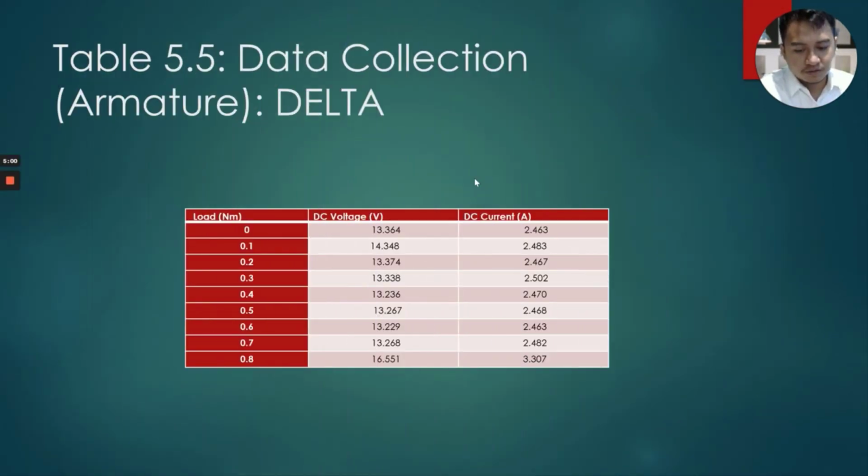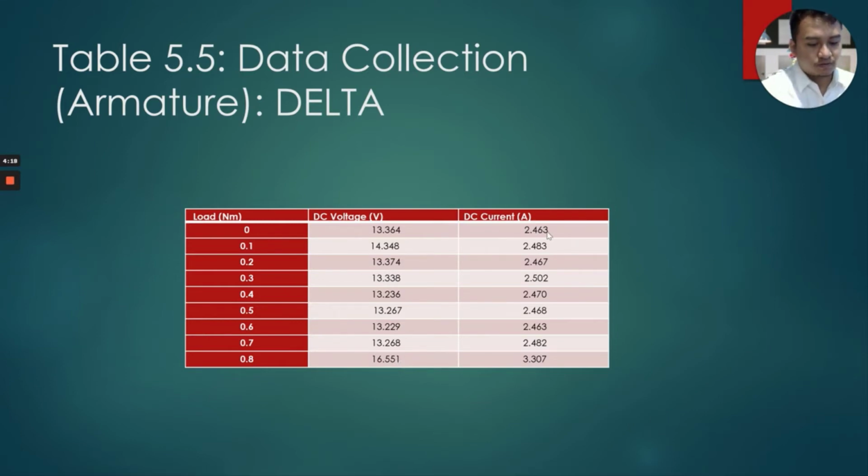Next, for table 5.5, data collection armature for delta, we can see for the DC voltage reading, the value is almost the same, which is around 13 volt, but there are a few values that are not the same. For example, at load 0.1 and 0.8, the values are 14.348 and 18.551.